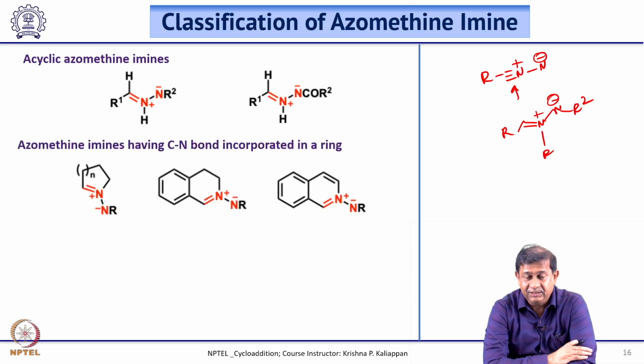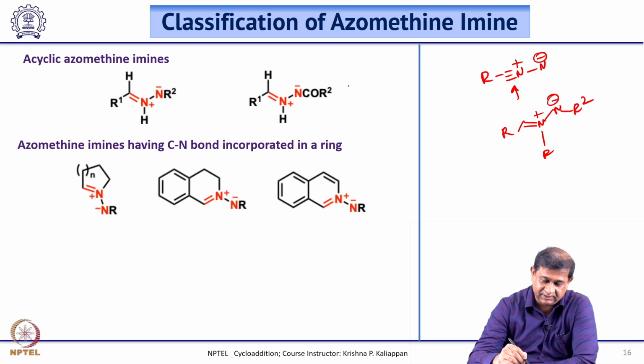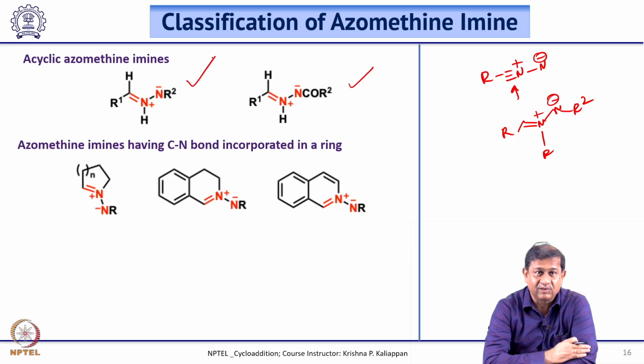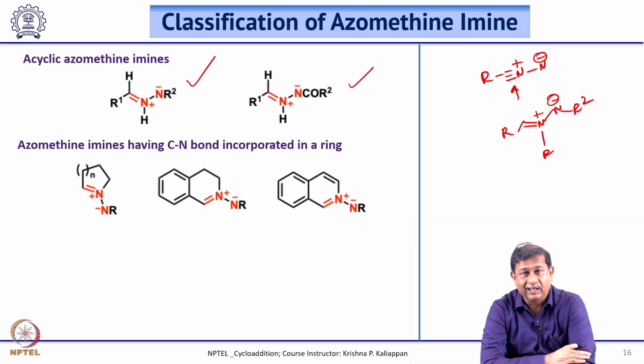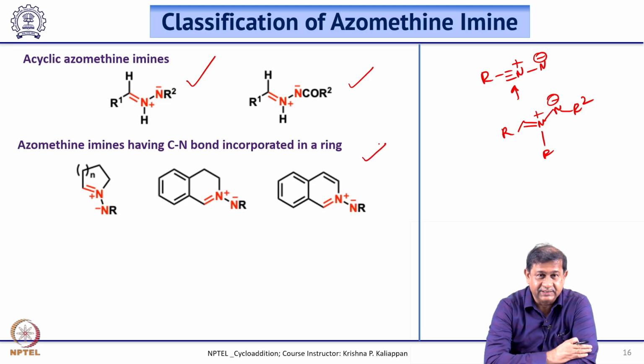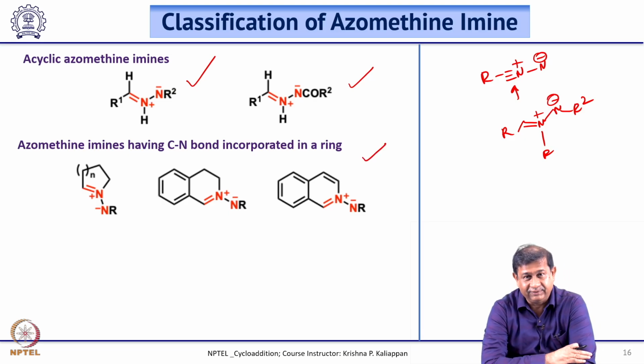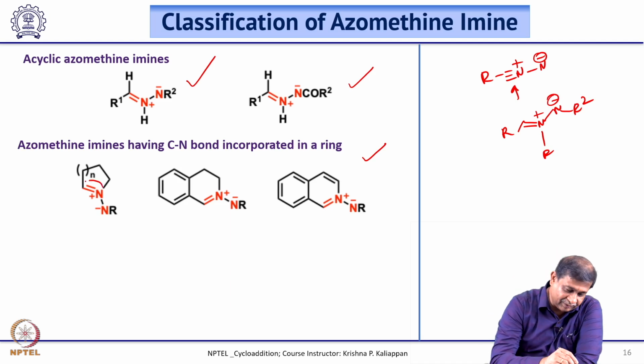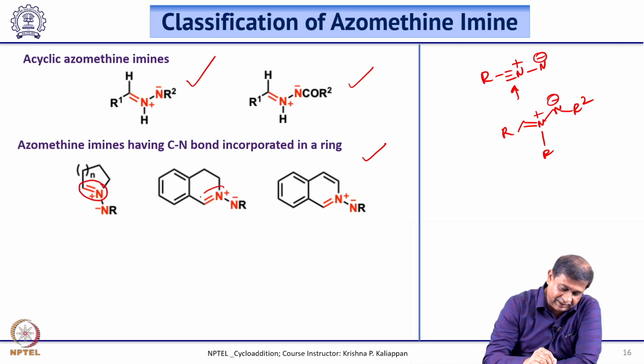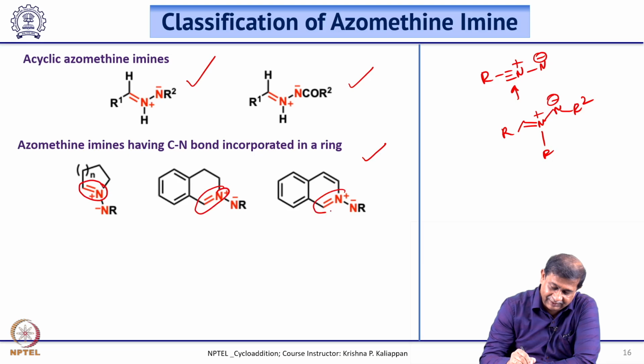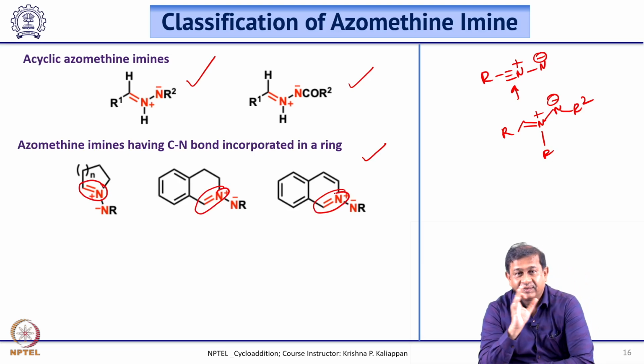And azomethine imines are of 3 types, where you have the acyclic azomethine imines. These 2 examples are acyclic azomethine imines. The second example, you can see here there are 3 examples which I have shown here. In all these cases, the imine portion is part of the ring, or N minus is outside the ring.